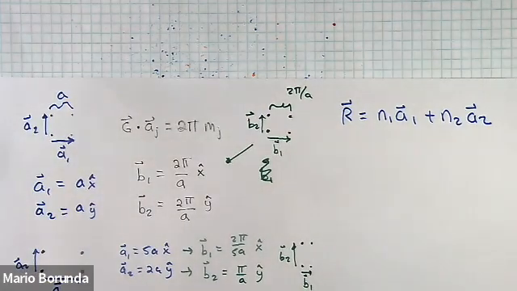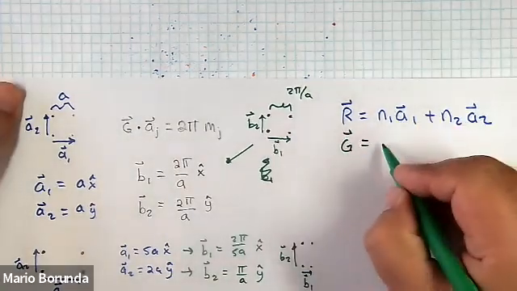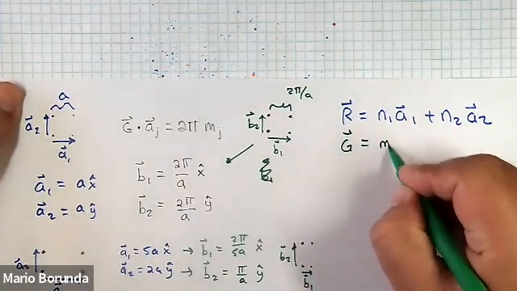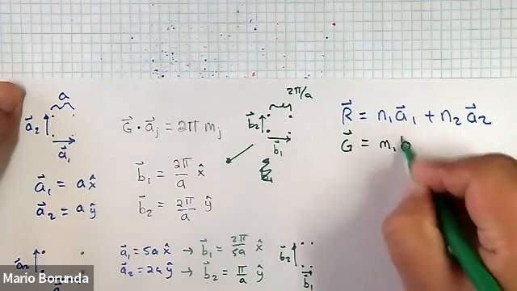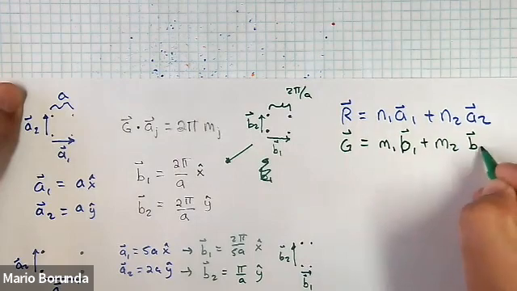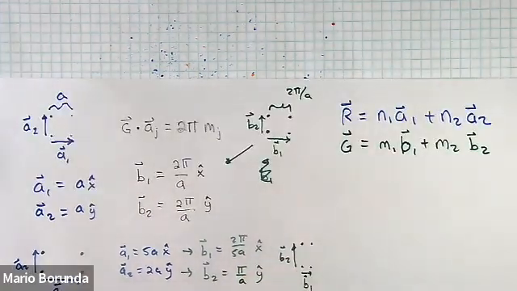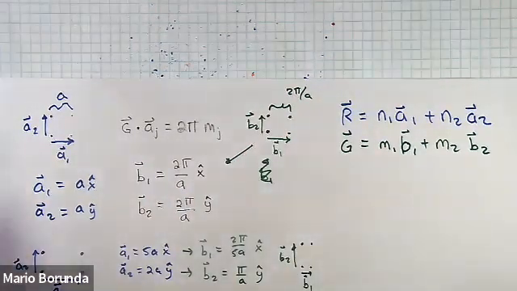Then we have the G, which is the same kind of monster, where M1 times B1 plus M2 times B2, and M1 and M2 are integers, and it can take me to any point in my lattice in the reciprocal space. So it's the same thing.